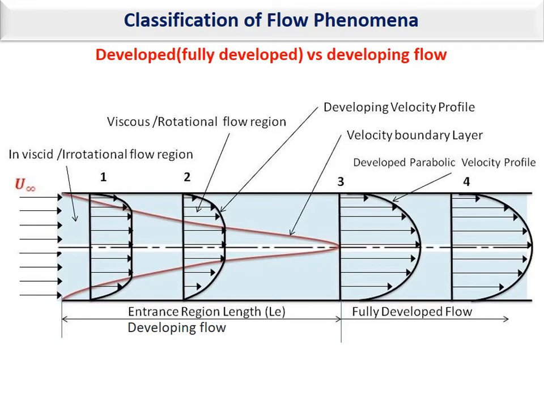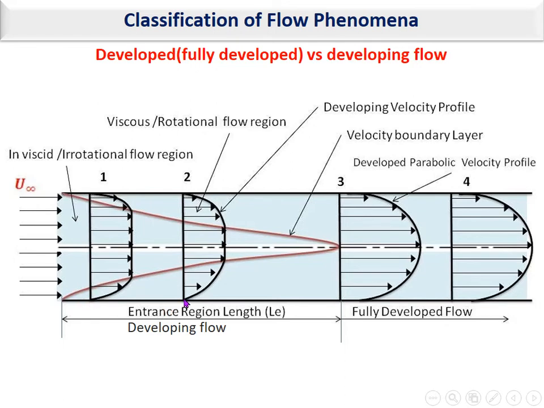No slip condition means that the flow velocity on the surface is equal to the velocity of that surface. If the surface is moving at a velocity, for example v, then the fluid velocity will also be v. If the surface is stationary, like the one shown here, then the flow velocity on the surface will be 0.